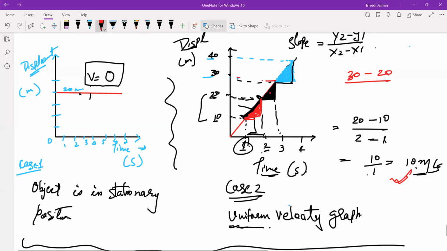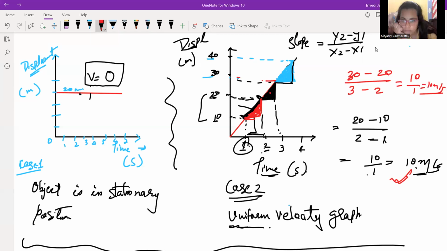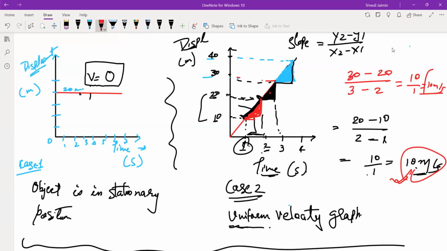Niteshri? 3 minus 2. What's the value now? 10 by 1, which is 10 meter per second. It is the same. That shows it is uniform.